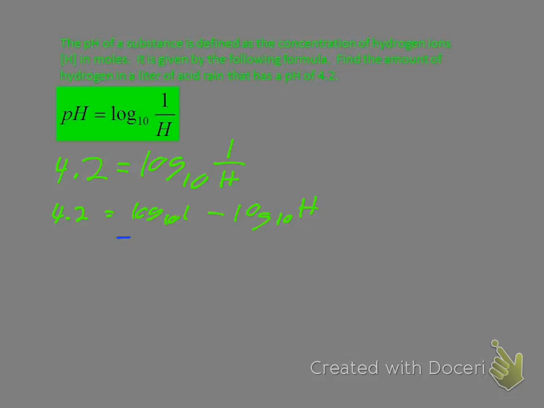We can subtract log base 10 of 1 from both sides, which turns into 4.2 minus log base 10 of 1 equals negative log base 10 of h.